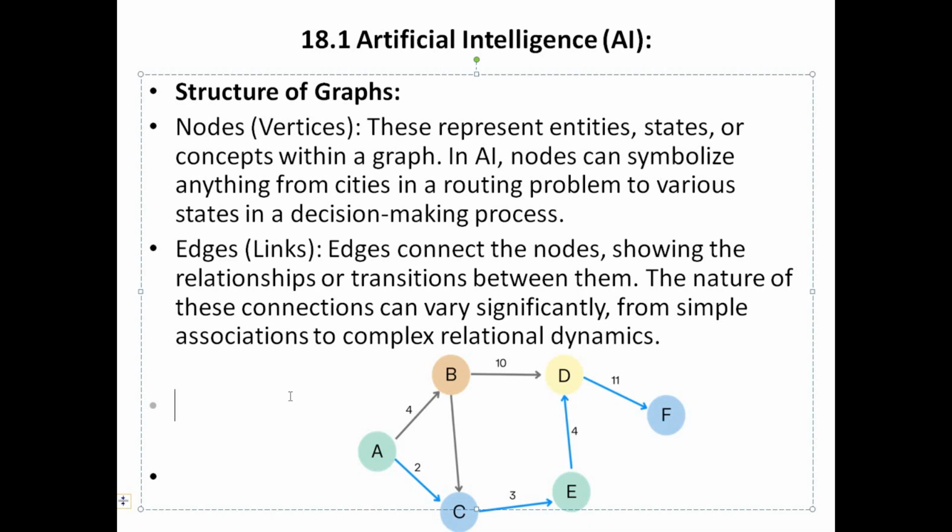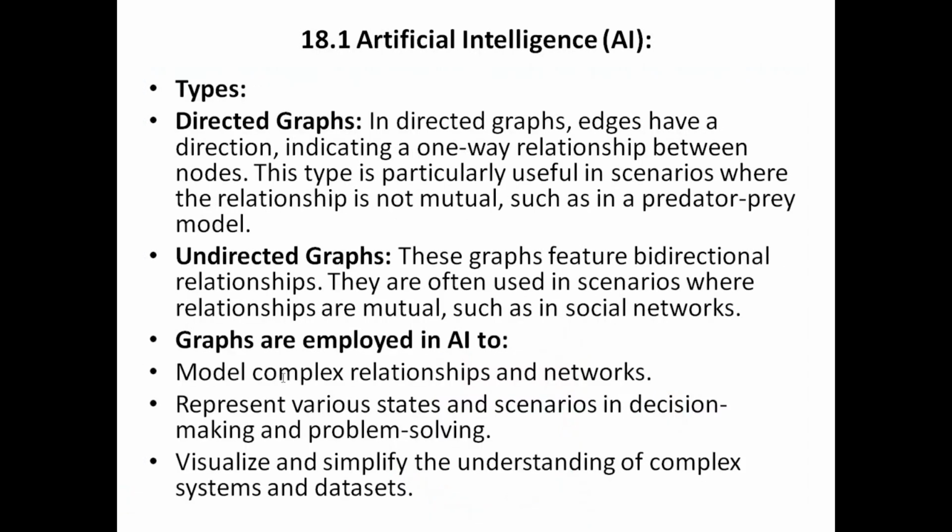They also show the relationship or the transition between them, or they tell you what will be the cost of traveling from node A to node B. Over here it is 4. The nature of these connections can vary significantly from simple association to complex relational dynamics. However, rest assured, for your P3 you will not be having much complex design of graph to deal with.